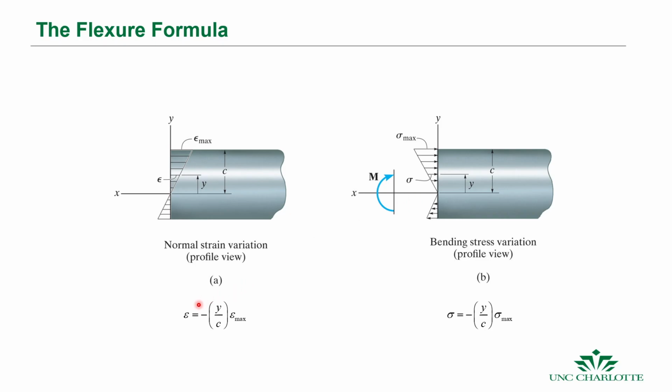The max strain is going to be at the top surface for this case, for this moment load, and the max stress is linearly increasing as you go away from the neutral axis, and the max stress is at the end. Okay, so if we represent the state of stress as minus y over c, where that's the linear distance ratio to the top surface, then we can just multiply that by the max stress.